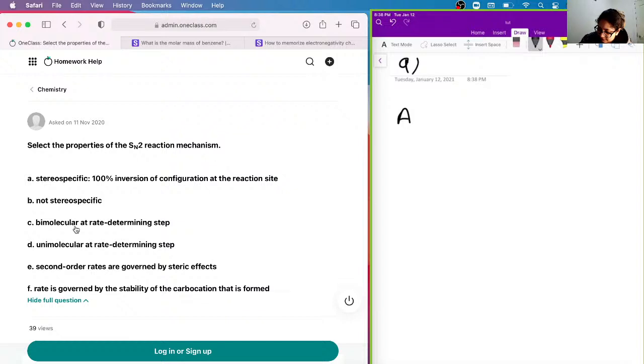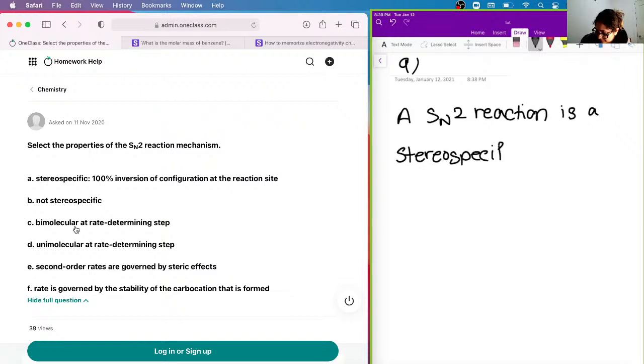An SN2 reaction is a stereospecific reaction, and that is that different stereoisomers react to give different stereoisomers of the product.